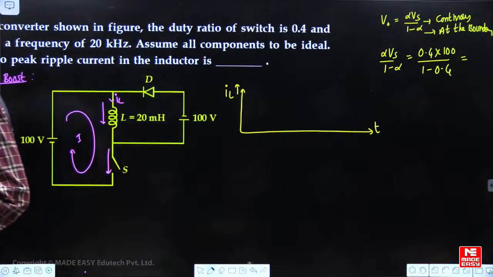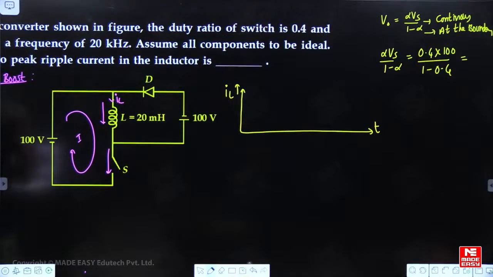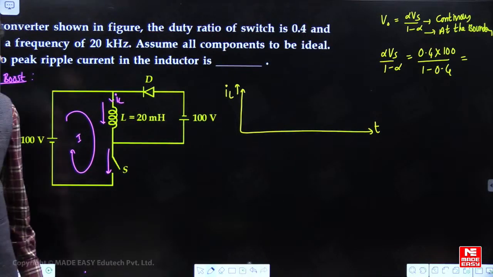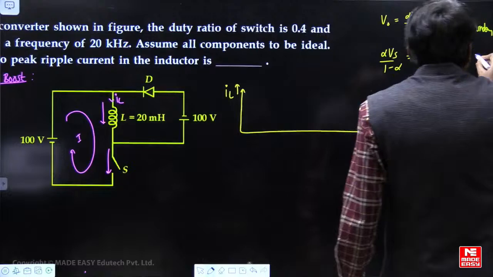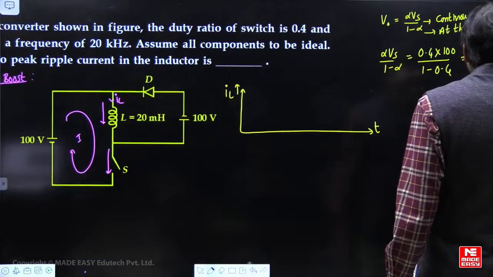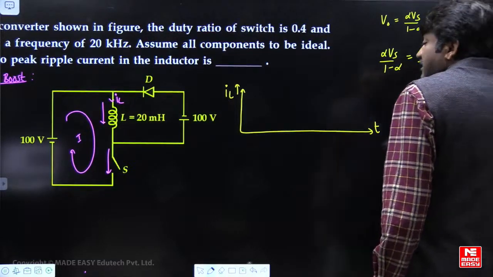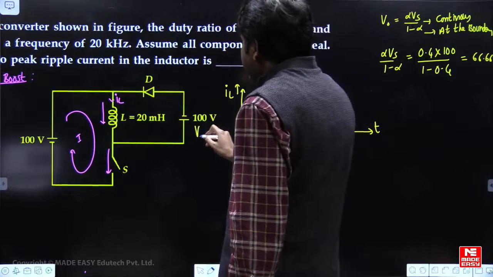Let us see. 66.66 volts. So this is 66.66 volts. But given V0 is 100 volts.